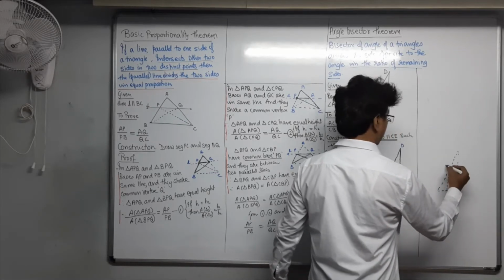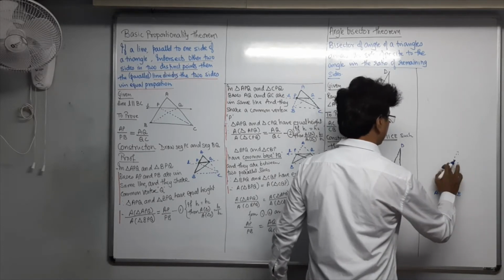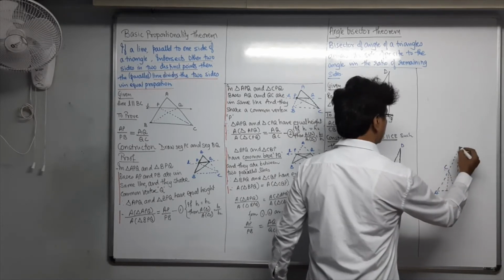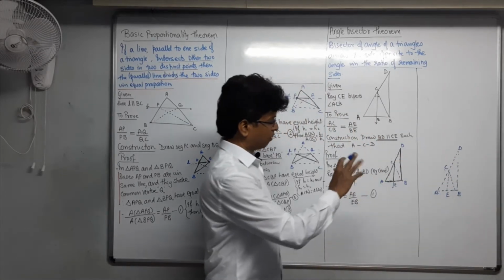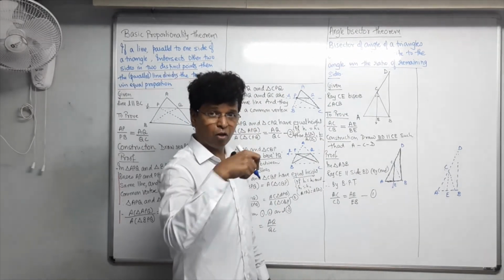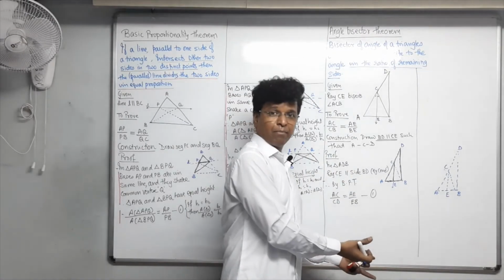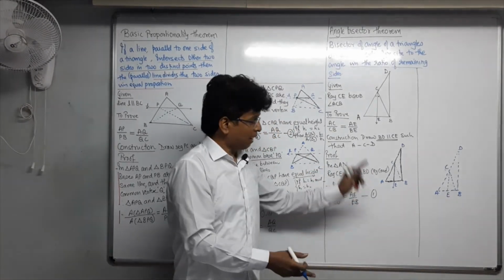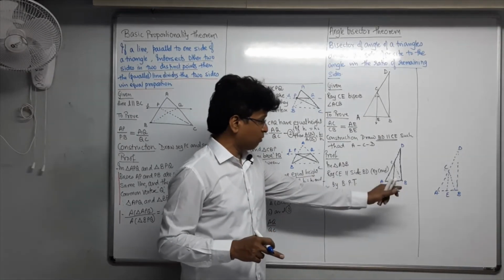So this is your A, this is your B, this is your C, this is your D, and this is your E. I hope you may have some problem seeing the dotted line, but once you draw it on your page, you will not have any confusion. I am able to do it because I have drawn them. When I draw the clear sides, then you will be able to understand what is happening. Now see what is happening.